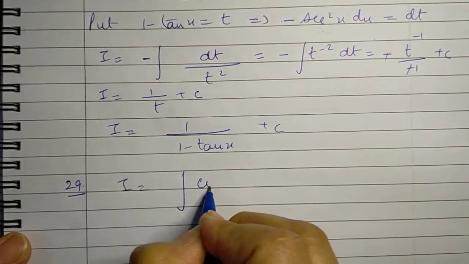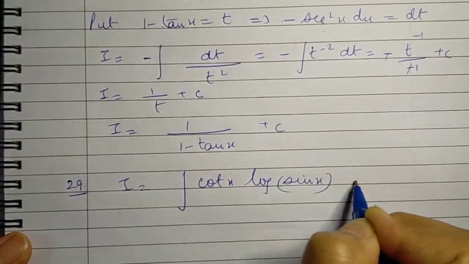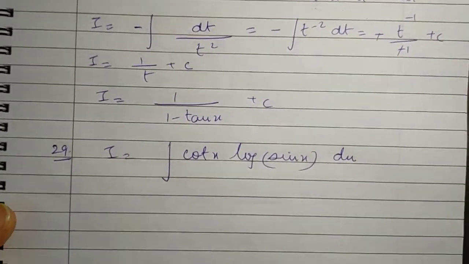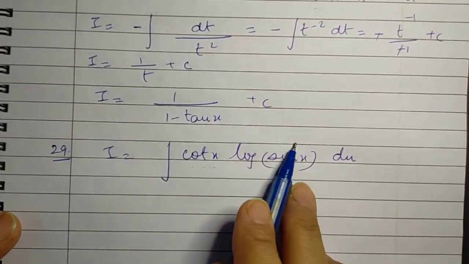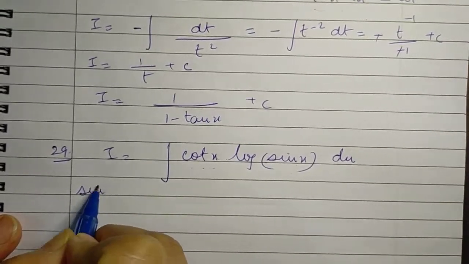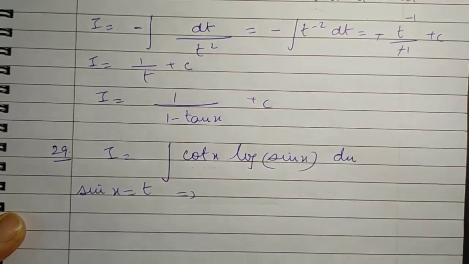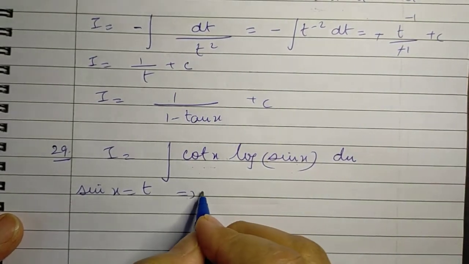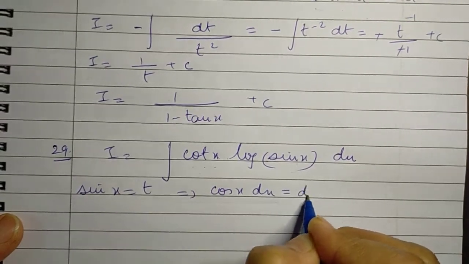I is equal to integral of cot x log of sin x dx. Now in this case, again it's a product of two functions, out of which this is a function of a function. So by default we will put sin x as t. What do we get? We get cos x dx is dt.